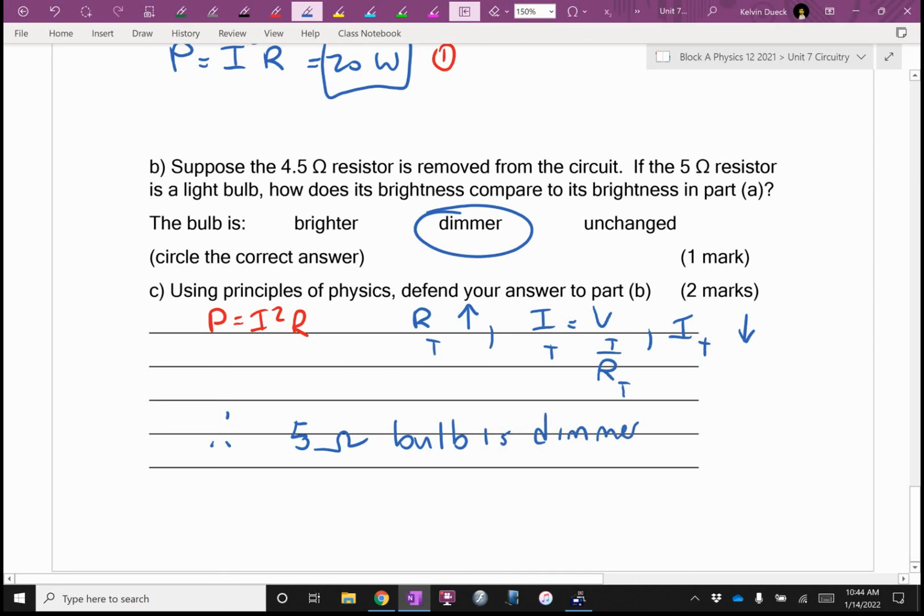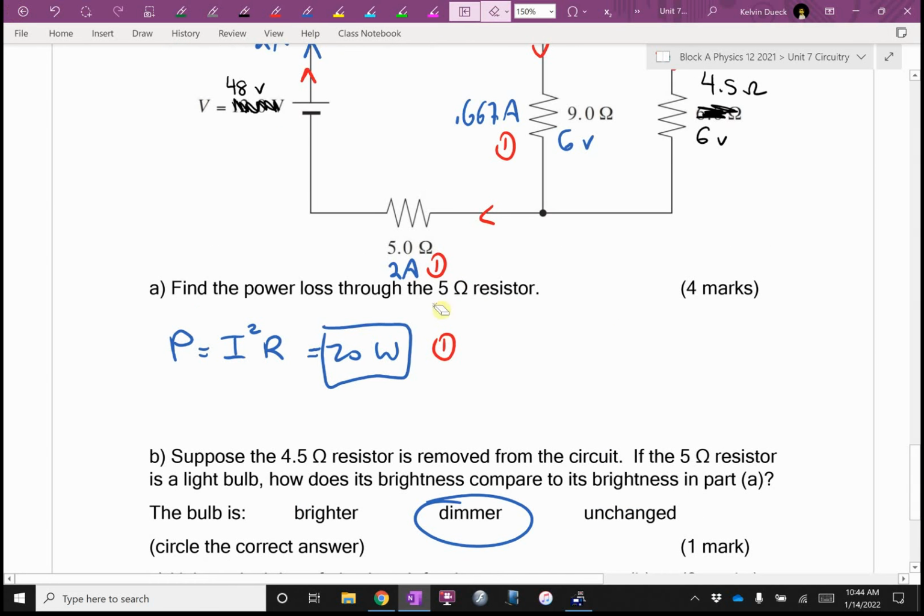And if you actually crunch the numbers, you would find less power. So this one I did purely algebraically, but I would give you full credit, Naomi, if you just resolved the circuit and said, oh, it's not 20 watts, it's like 17.6 or something like that. It's a dimmer bulb. My mom says I'm a dim bulb. She means something different.